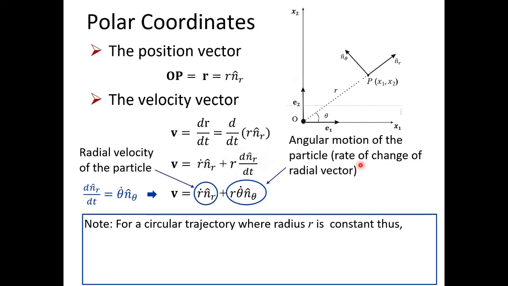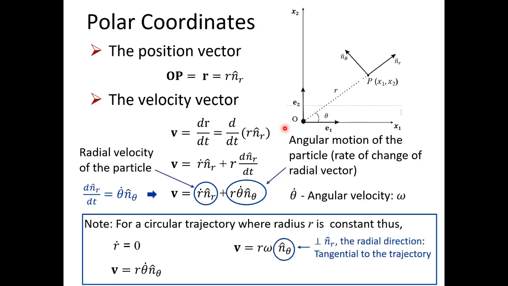So if you apply this to a situation where r is constant, it's a circular path. Then r dot becomes 0 if r is constant. Therefore, you will get only one part, r theta dot, in the direction of n hat theta.